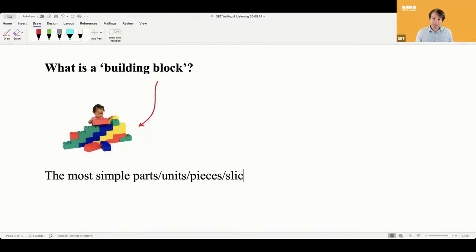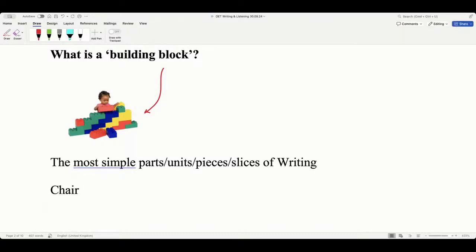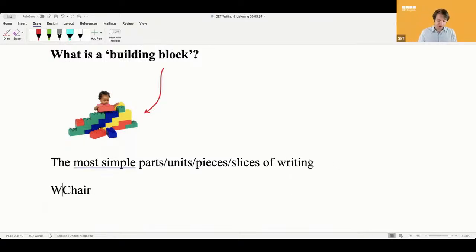Slices, like a slice of pizza, of writing or sentences. So, for example, guys, if I say this, chair, is that a sentence? Am I saying anything here? It's just a word. Word, right? So I'm not talking about words, right? We are not talking about words.